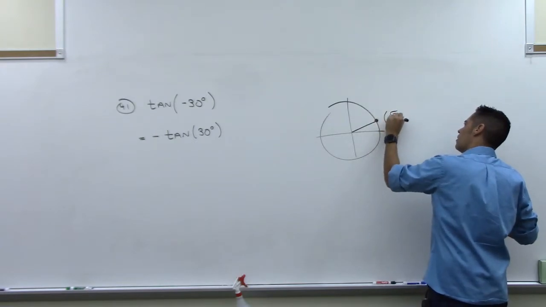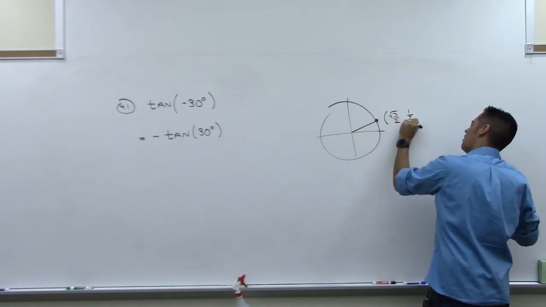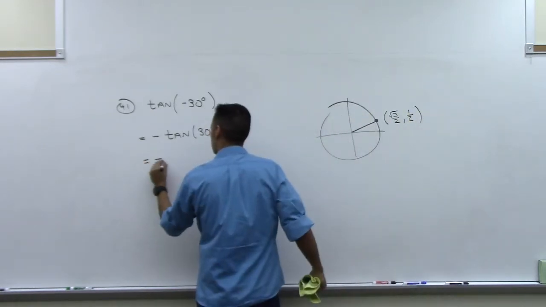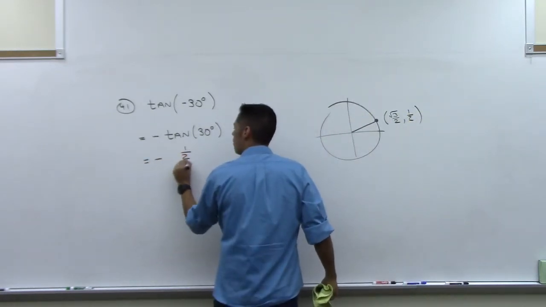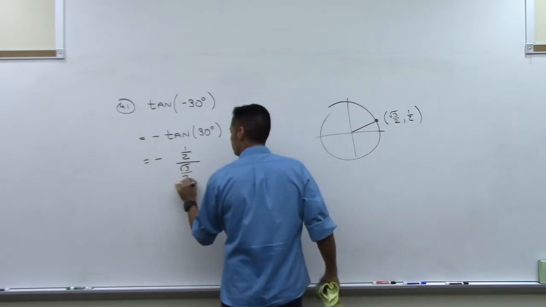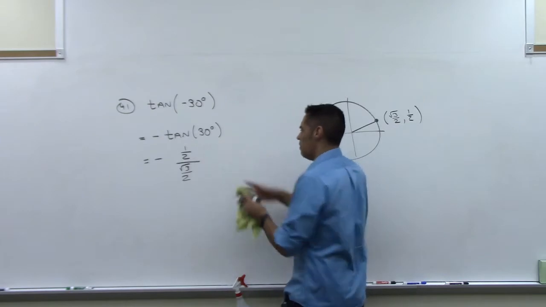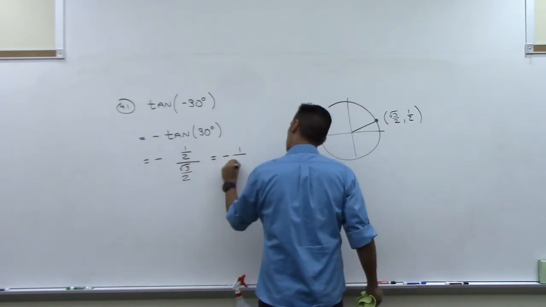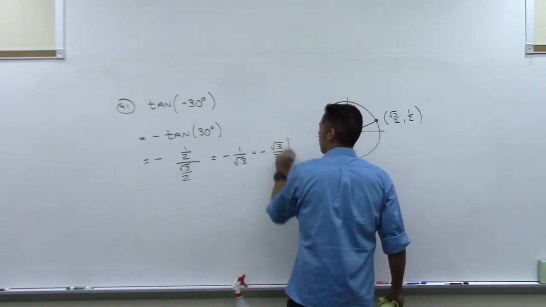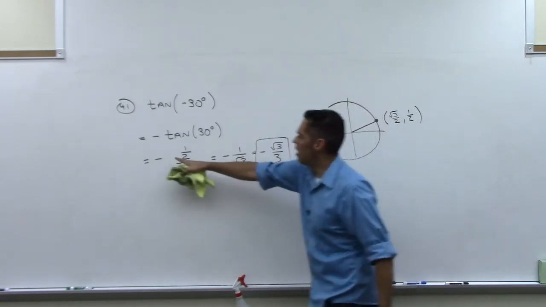This is root 3 over 2, 1/2. Tangent of that is y over x, so I have negative, and then I have 1/2 over root 3 over 2, don't forget the negative out there. And if I flip this up, I get negative 1 over root 3. And we did that earlier, rationalizing the denominator, you should get this. So the negative just came for the ride here.